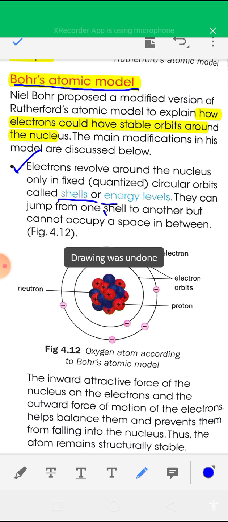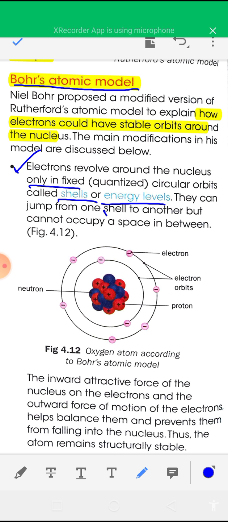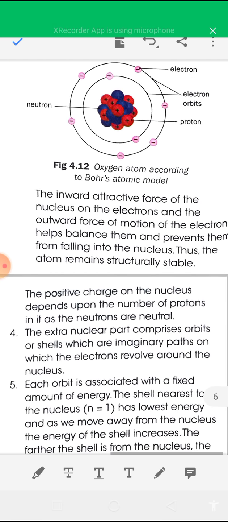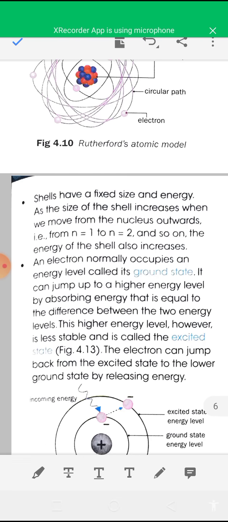According to Niels Bohr, electrons can jump from one shell to another but cannot occupy a space between two shells. Okay, so that is an important point of Niels Bohr's atomic model.